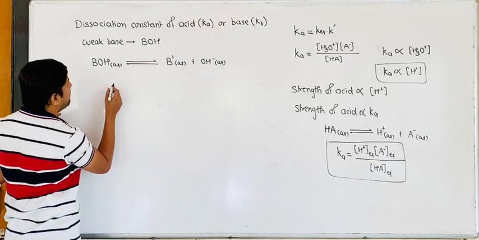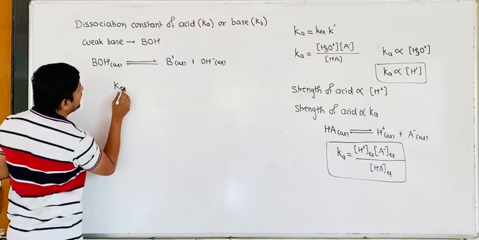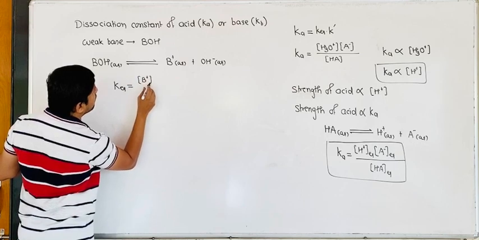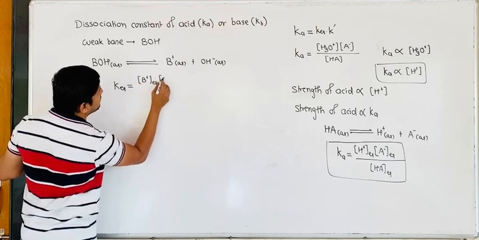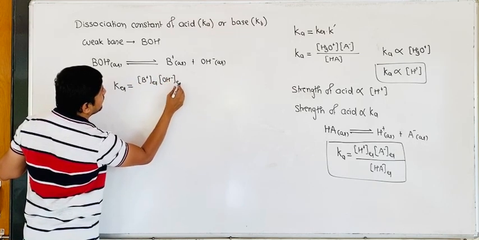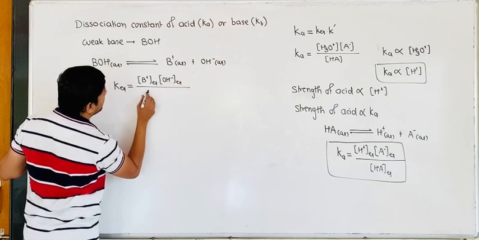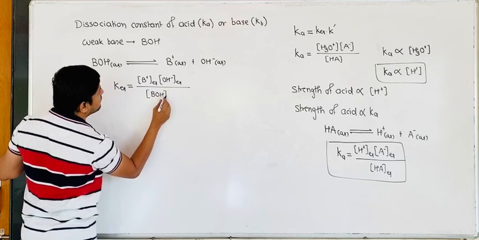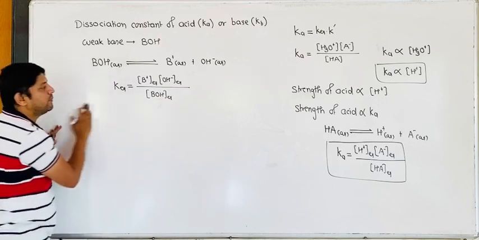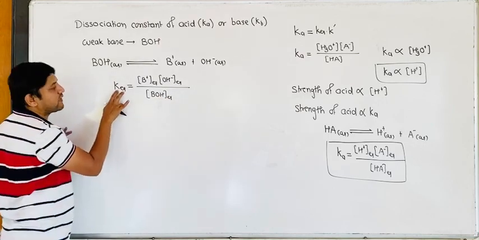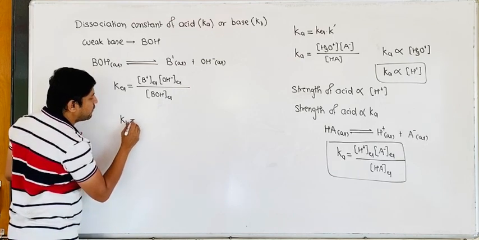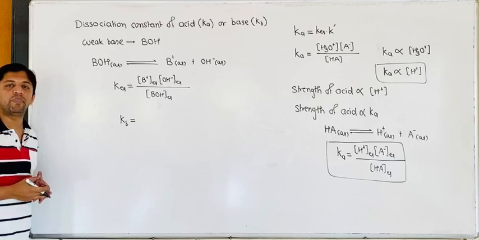Now write down the equilibrium constant for this expression. The equilibrium constant is equal to the product of molar concentrations of products divided by the product of molar concentrations of reactants, BOH at equilibrium. And this equilibrium constant K is given a new name, Kb, the dissociation constant of weak base.